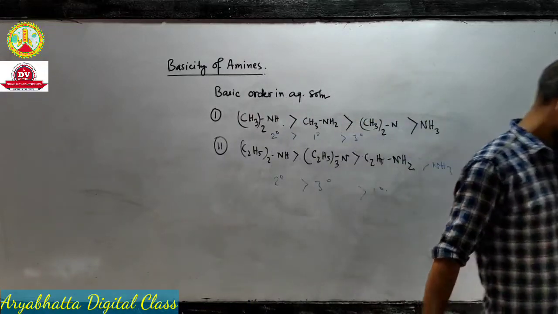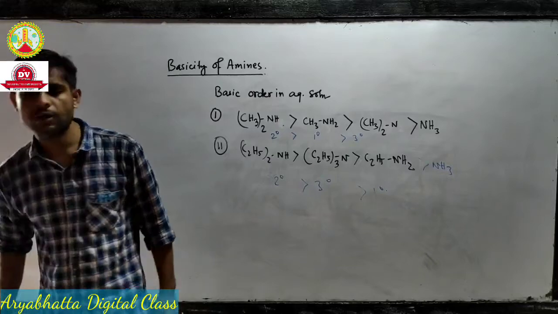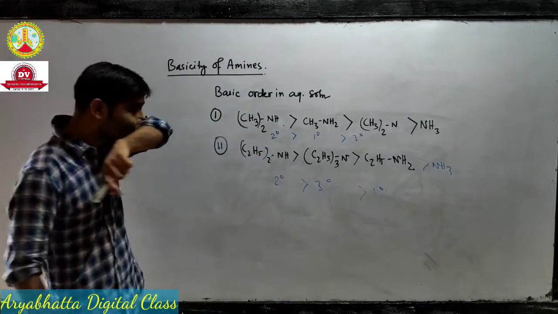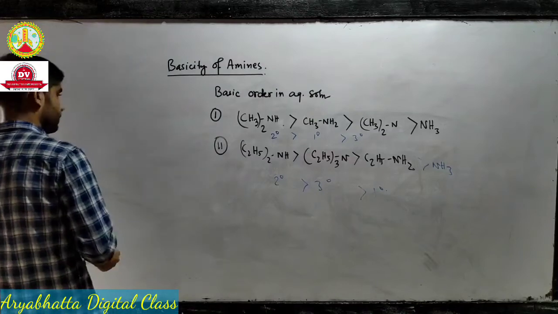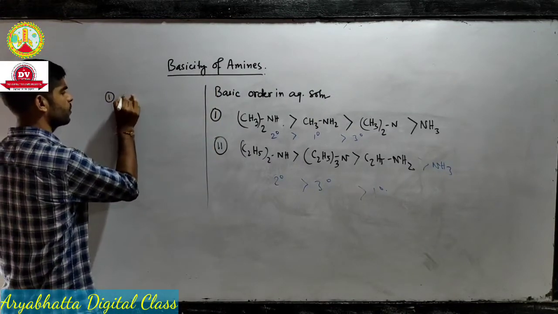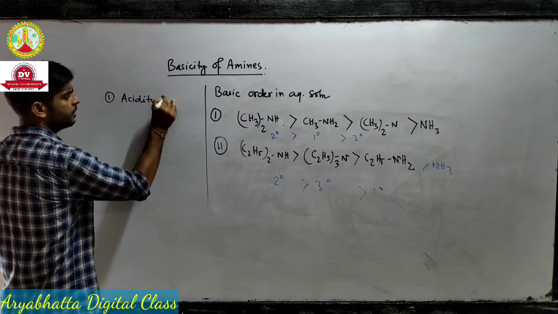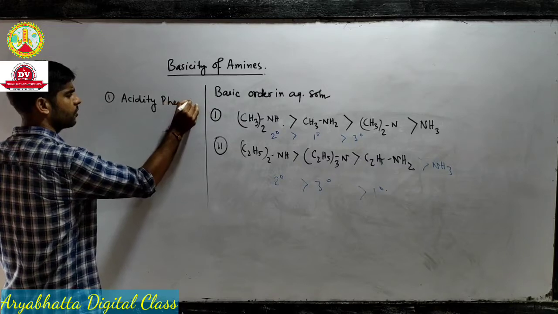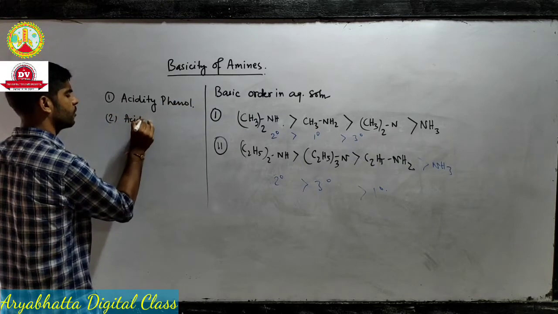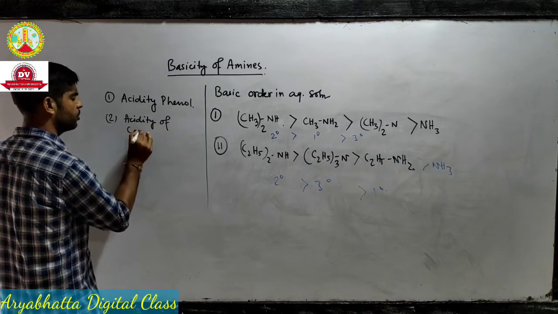Now, from our syllabus, what we have learnt till now in organic chemistry, you got 3 things. 1, acidity of phenol. Then acidity of carboxylic acid.